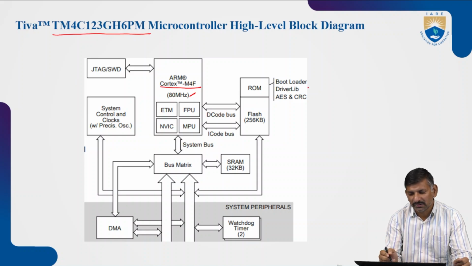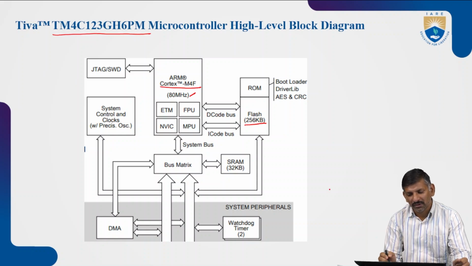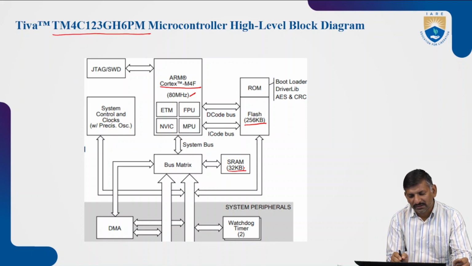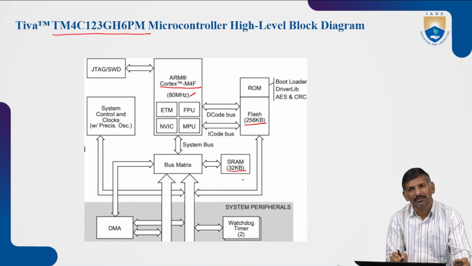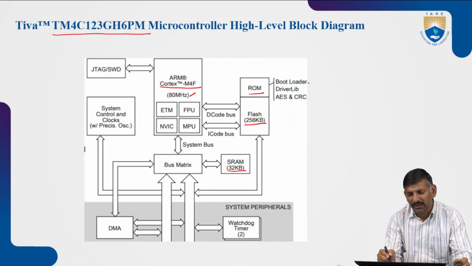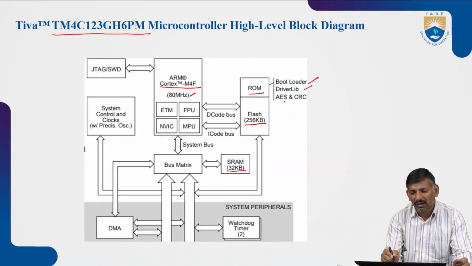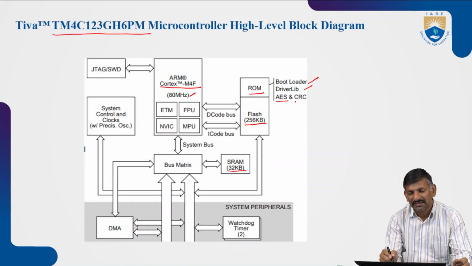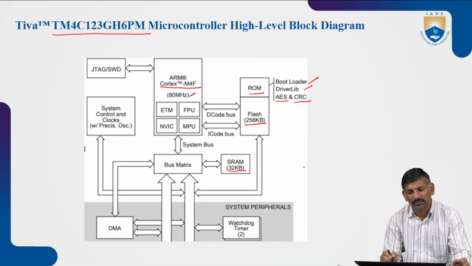Next, it contains 256 kilobytes flash memory, 32 kilobytes static random access memory, and it contains ROM for storing the bootloader, driver library files, advanced encryption standard code, cyclic redundancy code. Okay, first the processor, that is ARM Cortex M4F.